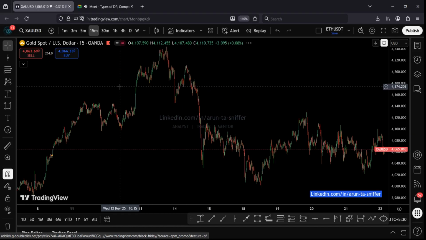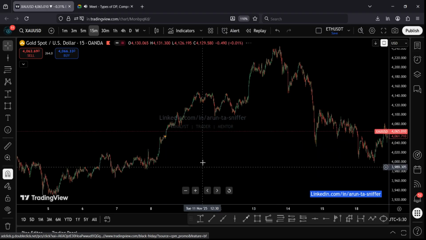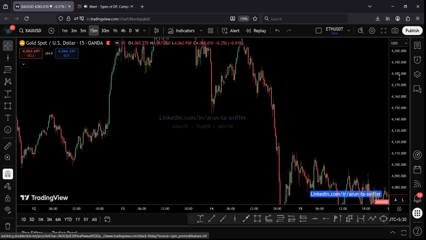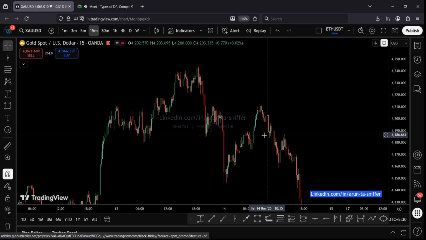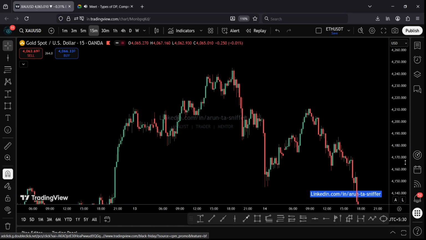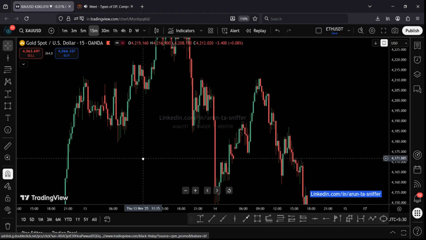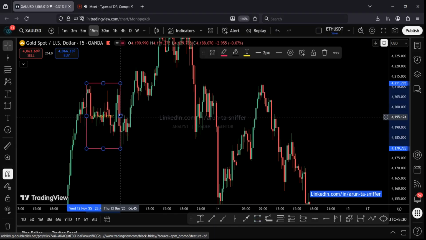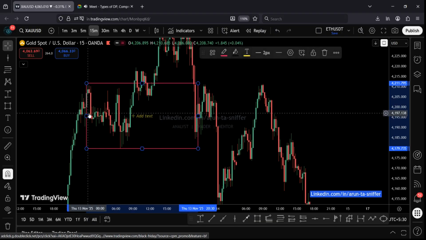So you can understand, like this one. Here we have a zone, this one to this one. We have compression too.